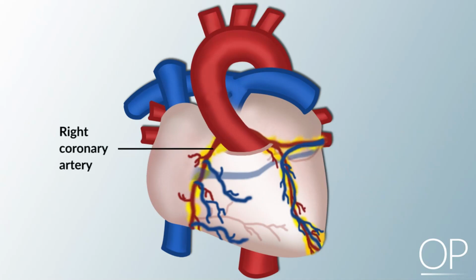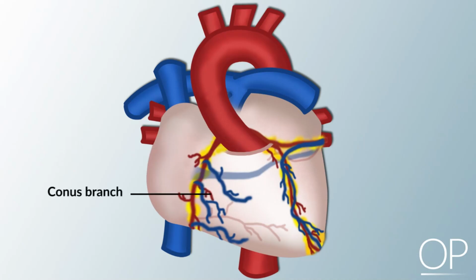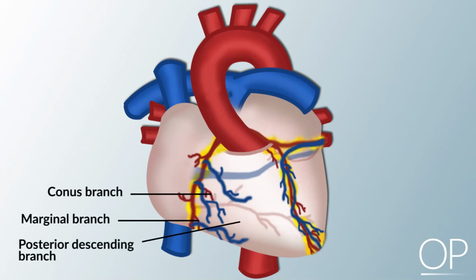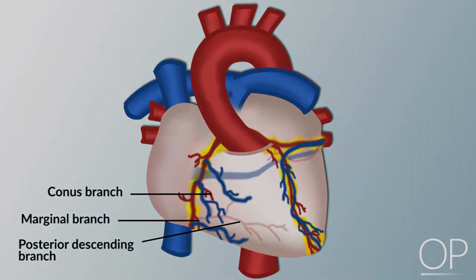The right coronary artery originates from an opening behind the right cusp of the aortic valve and divides into the three major branches: the conus, the right marginal branch, and the posterior descending branch.